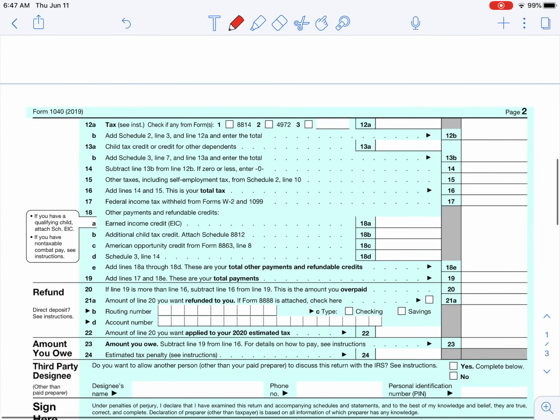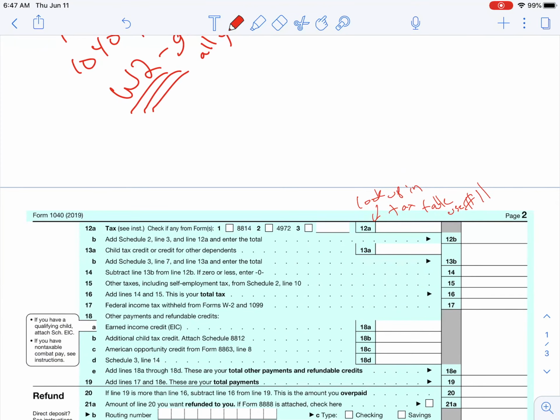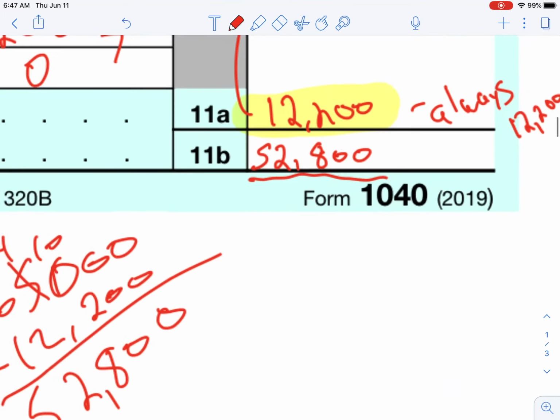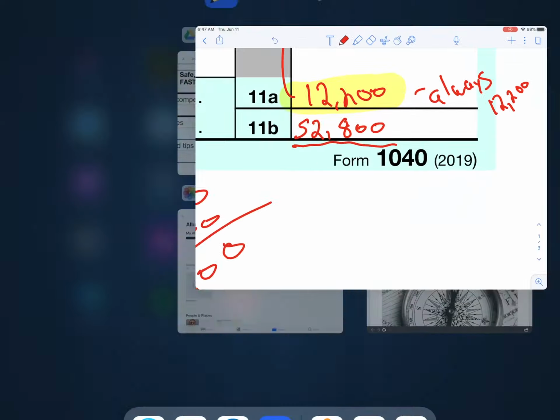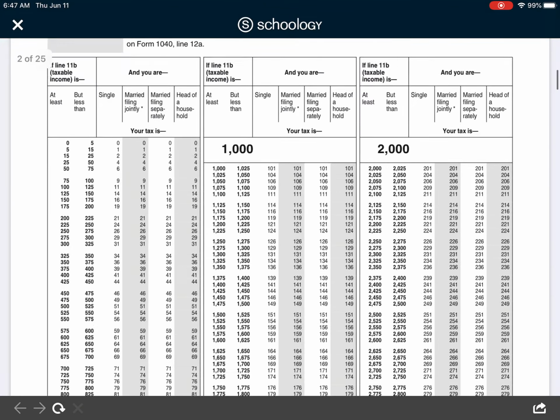All right, so for number 12, we're going to look up in the tax table. You're going to use number 11B. So I'm going to look up 52,800. I'm in here.